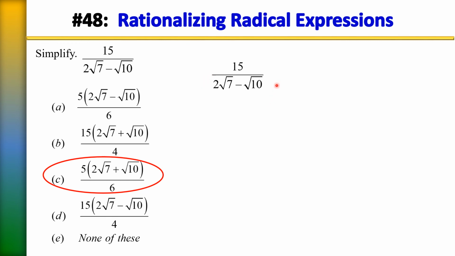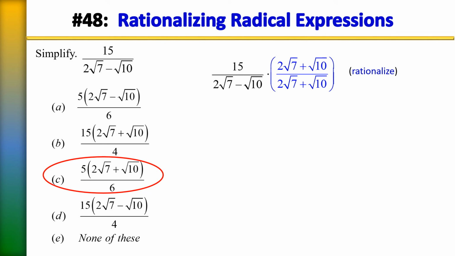So if the denominator here is 2 radical 7 minus radical 10, the conjugate of that would be 2 radical 7 plus radical 10. So let's go ahead and multiply it, the top and bottom, by the conjugate.